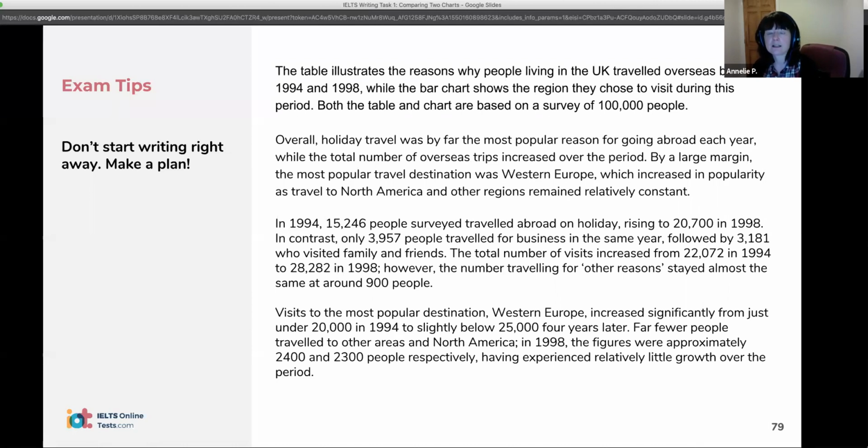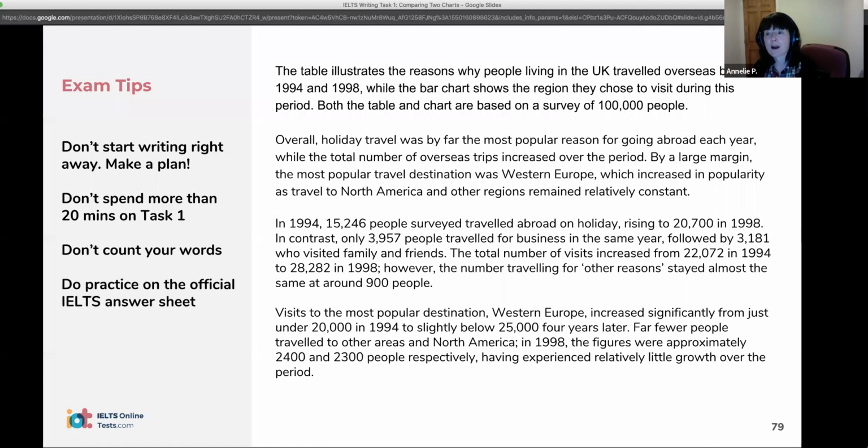So always spend a couple of minutes planning and thinking before you start. Keep your task 1 to 20 minutes. You do really need the 40 minutes for the task 2. And again, we talked about this before, you don't really have time to count your words. You need to practice handwritten answers, know what 150, 170 words looks like in your handwriting so that you don't need to count the words when you're there, okay?